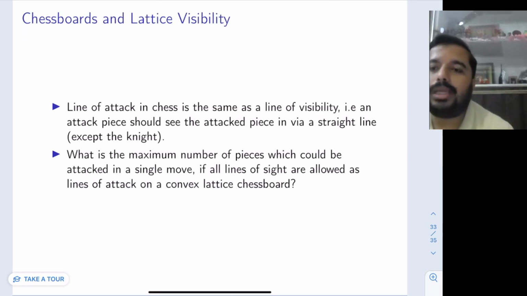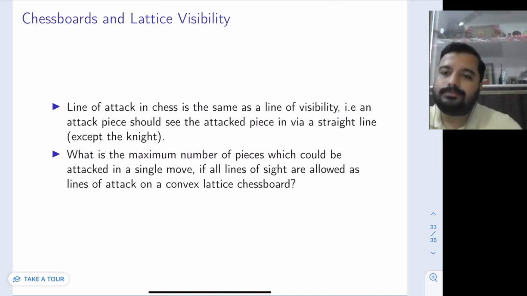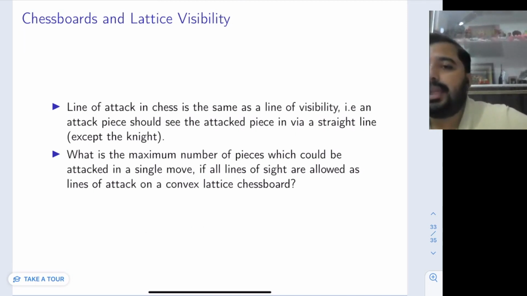But we want to generalize it, so we allow any convex chessboard and try to mimic, because the line of attack is the line of visibility based on that. And if we can say something about this number, whether it's always bounded above by some number or it grows, or something along those lines.